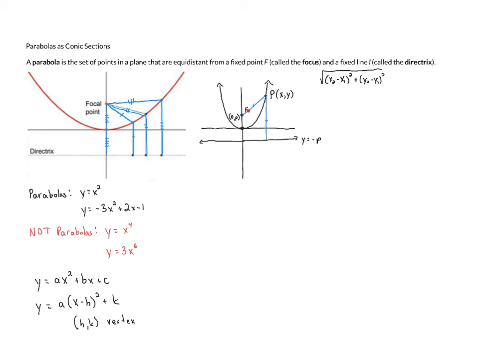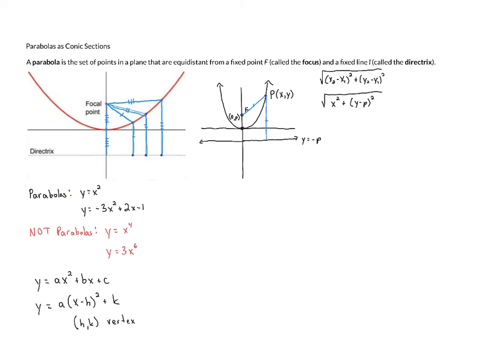So if we look at the distance between F and P, the difference in the x coordinates is going to be x minus 0, which is x. So that's going to be x squared plus, and then the difference in the y coordinates is going to be y minus p. So that's going to be (y minus p) squared. So this represents the distance from F to P.